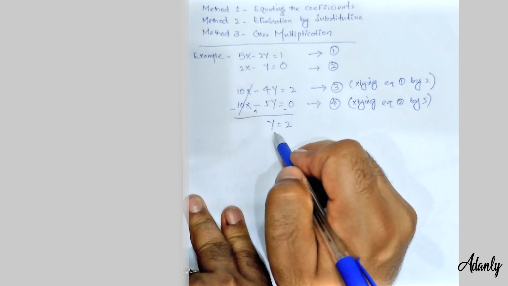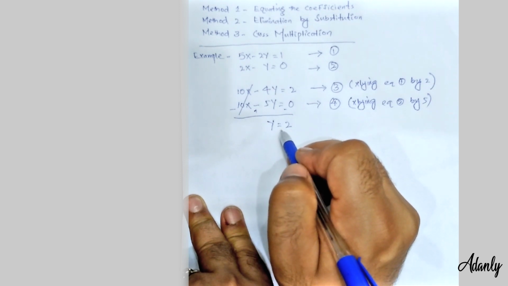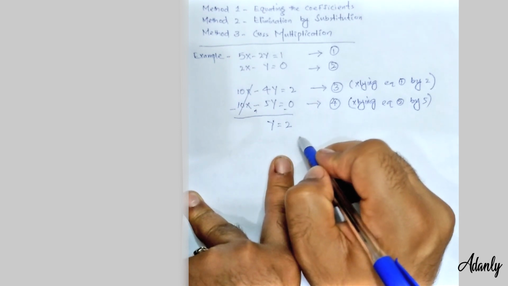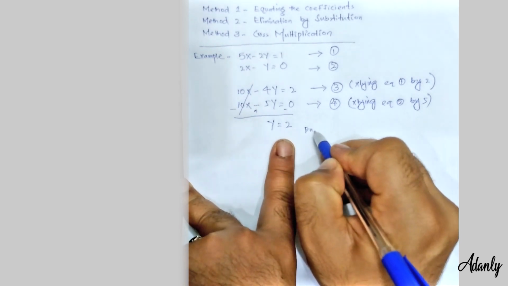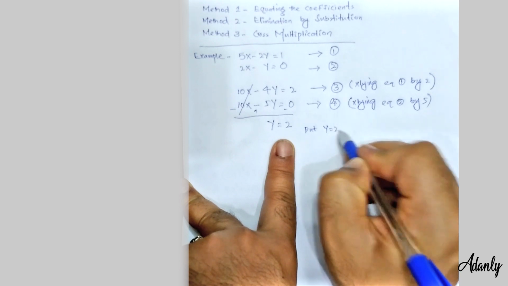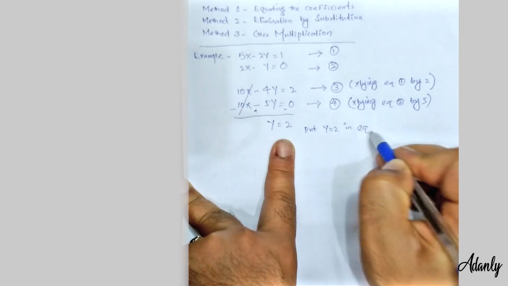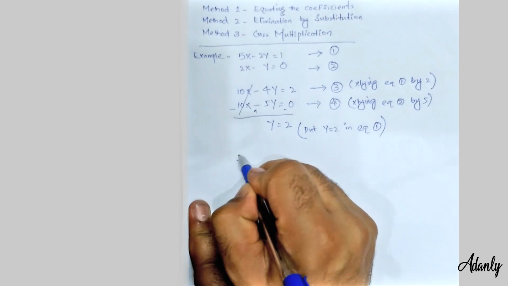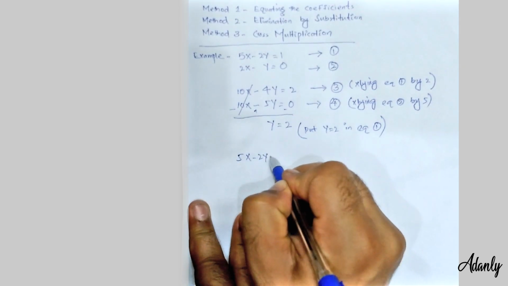Now we will put this value of y in equation number 1. So equation number 1 is 5x minus 2y equals 1.